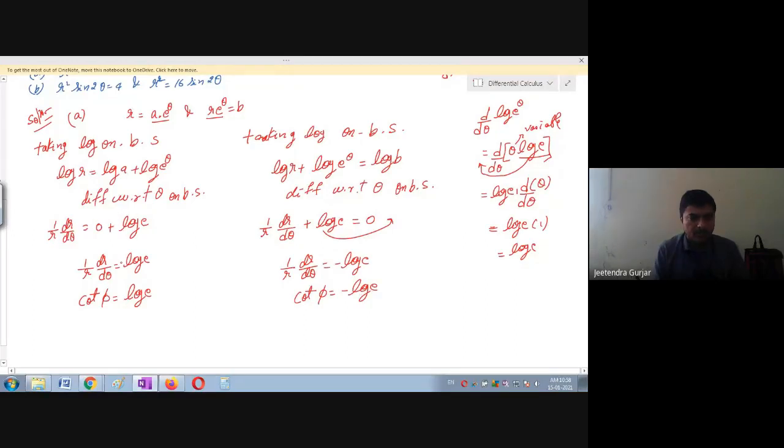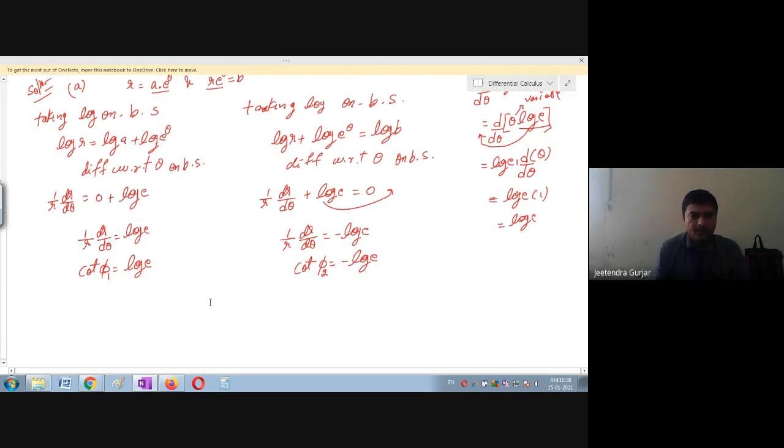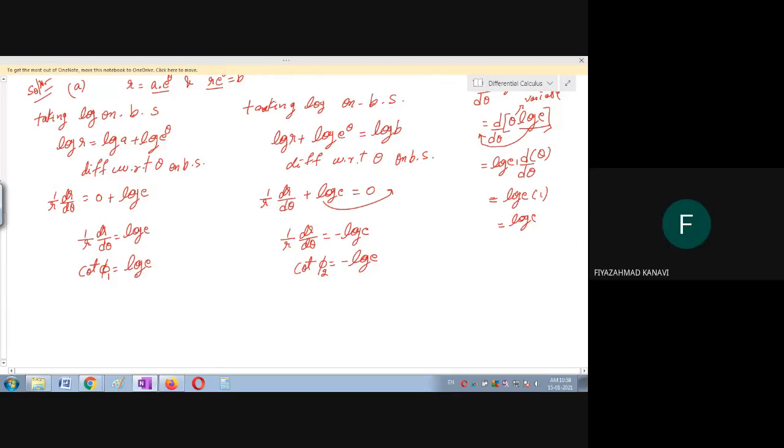Because this is first, I will take this as angle phi 1, and this is second, so for indication, so that we should not get confused, I can write this as phi 1, and this equation will become phi 2. Is it clear, students? Can anybody tell me what is the value of log e? 1, sir. 1.